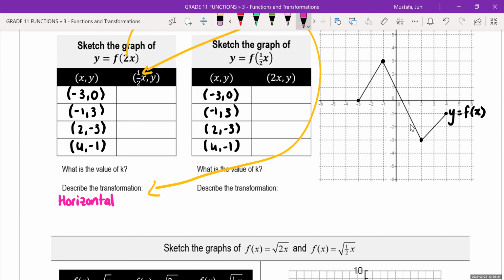And even though the original question has a 2, I'm not thinking of it as a 2, I'm thinking of it as a half, which means is it a compression or a stretch? If it's a fraction, compression is right. So this is going to be a horizontal compression by a factor of a half.